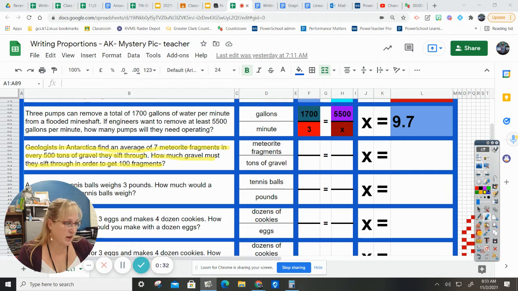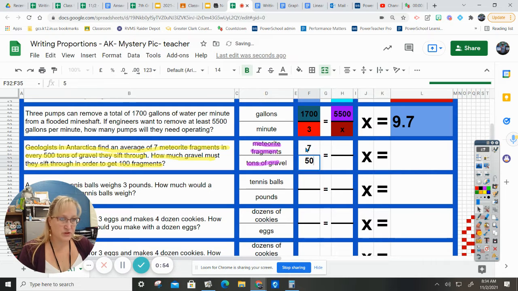So it's already helped us by telling us the two things that are being compared, fragments and gravel. So I am going to fill in my numbers using that information. So I know 7 meteorite fragments, because this is where my mouse is, with 500. So 7, 500.